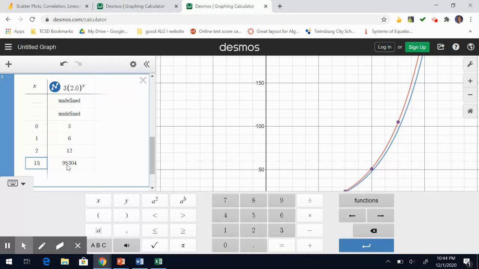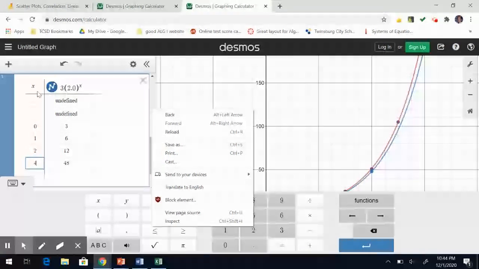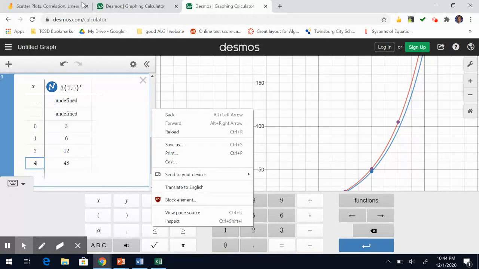Let's say I wanted 7. 7 is 384. How about 4? 48. So again, it's pretty awesome, the power of Desmos and how it can help us create tables and use the information that we type in and found using our data points.